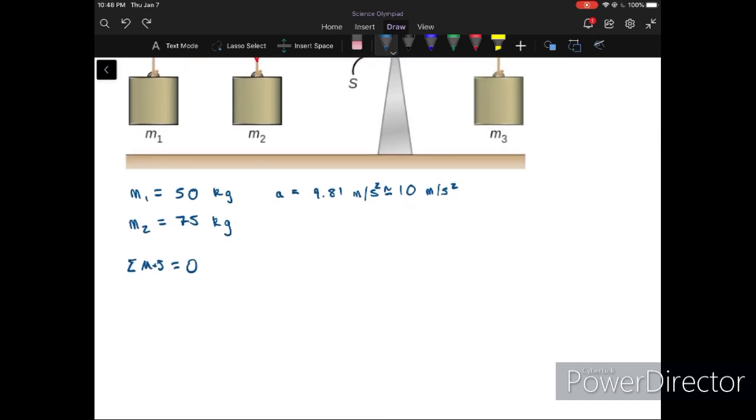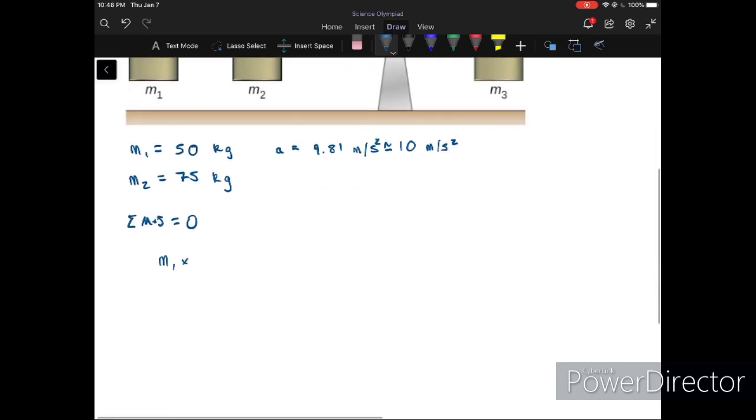So what we need is M1 times 30 centimeters plus 40 centimeters.